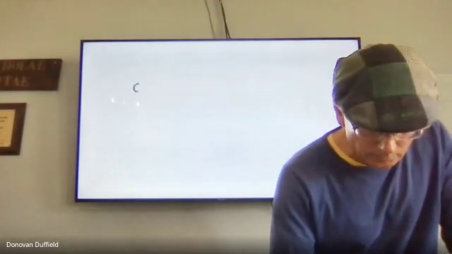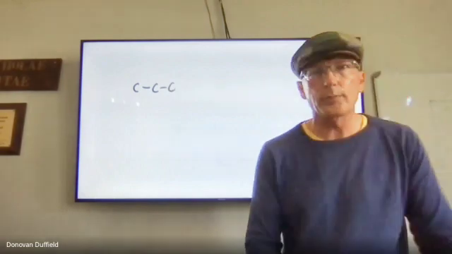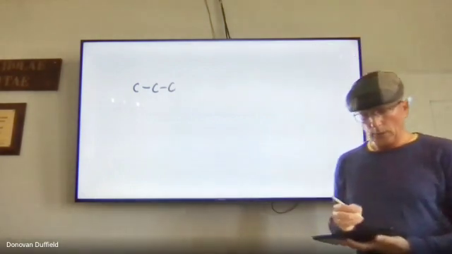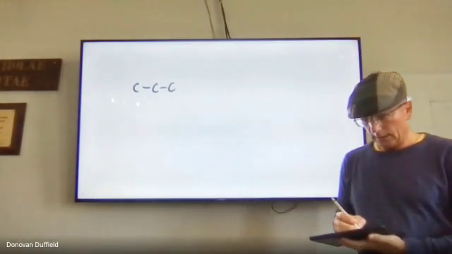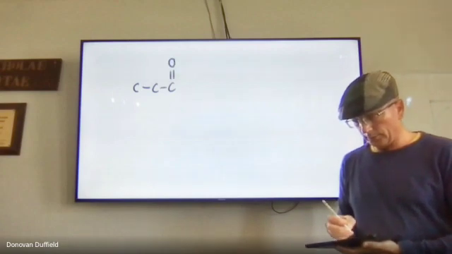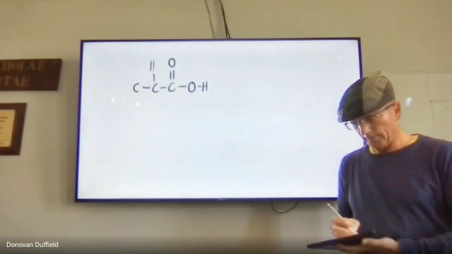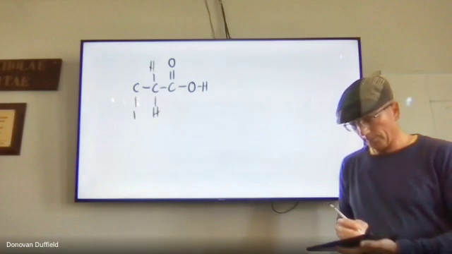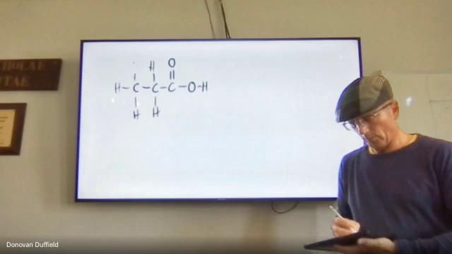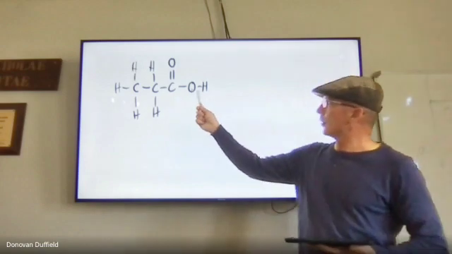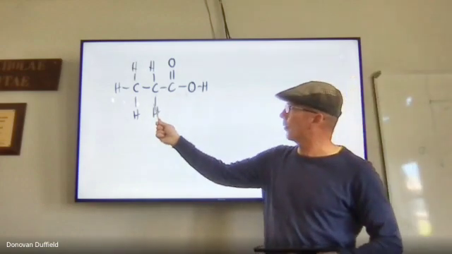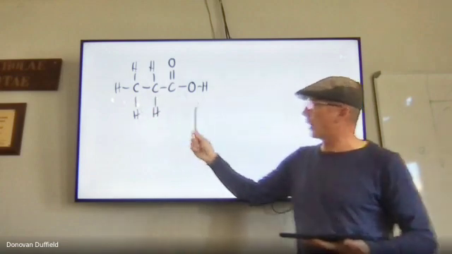So I'm going to first and foremost draw the propanoic acid. So it's going to be meth-eth-prop. We're going to have C double bond O, OH, and then 1, 2, 3, 4, filled up with hydrogens.